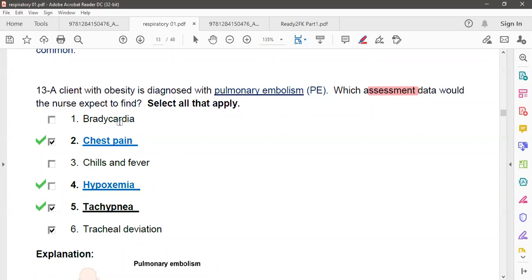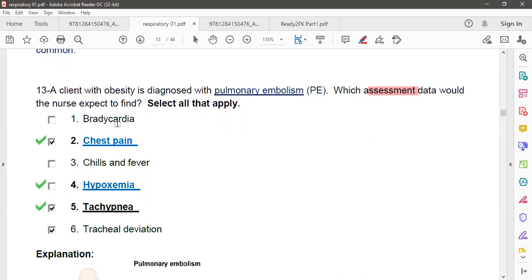Which one is appropriate for pulmonary embolism? We know that pulmonary embolism is a life-threatening blockage in the pulmonary vasculature, most commonly caused by deep vein thrombosis.